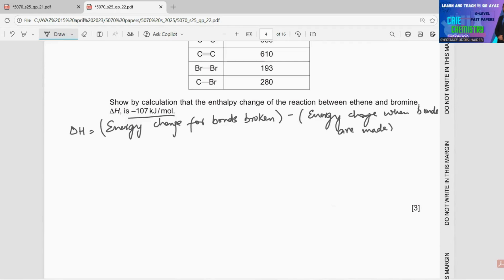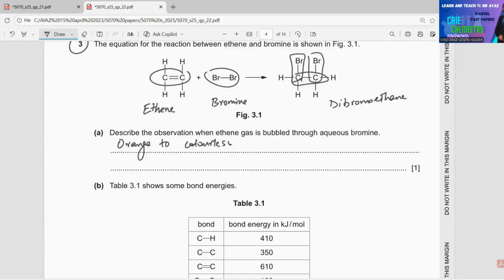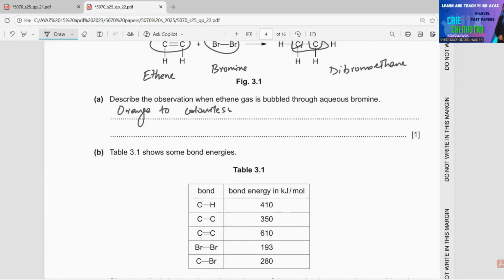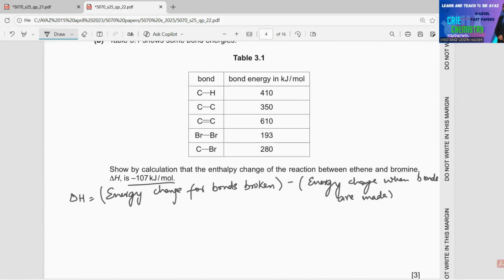So I've already mentioned that C=C is broken and Br-Br bond is broken. So I'm going to write C=C here plus Br-Br. These are the bonds that are broken, minus we have the C-C bond that is made plus two C-Br bonds.